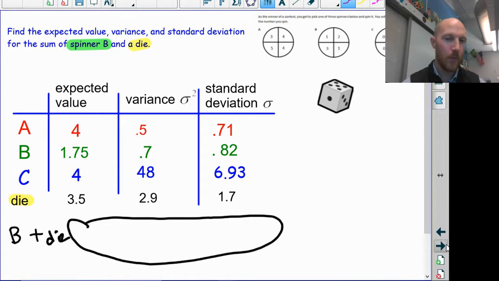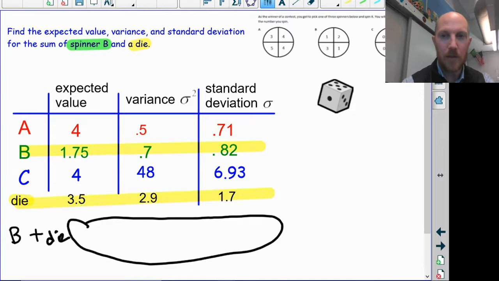Last example, what if we were to combine spinner B and a die? So you get to spin spinner B, whatever number you get, keep that number, roll the die, whatever number you get there, we're going to add them together. So what are all the possible combinations of spinning spinner B and rolling a die, adding them together? All right, well, I need spinner B and I need a die, and we can add the expected values. So 1.75 plus 3.5, that gives me 5.25.